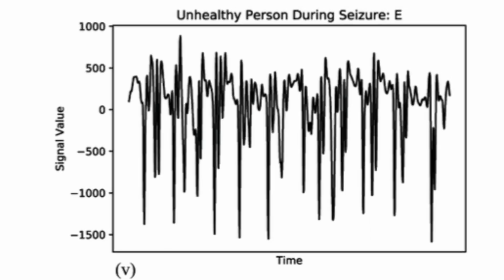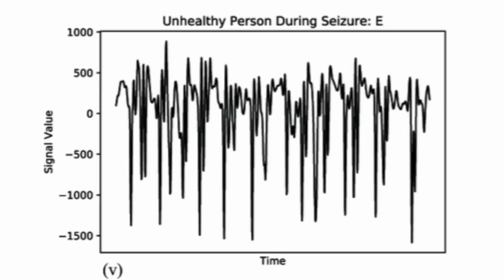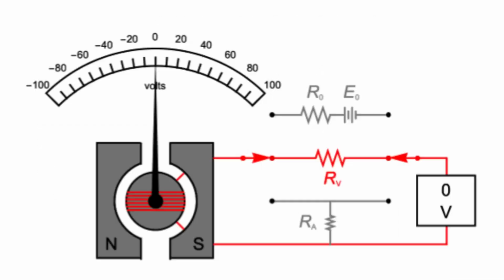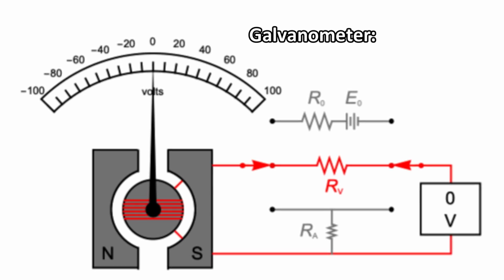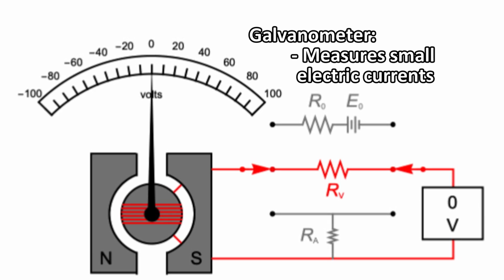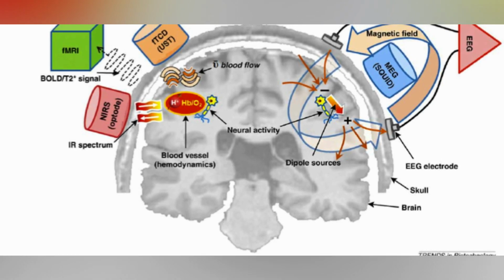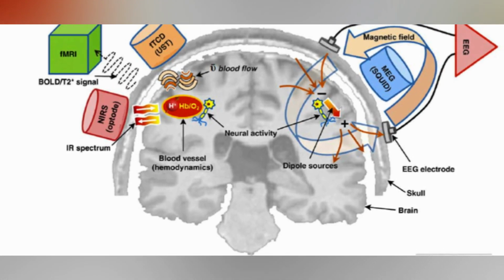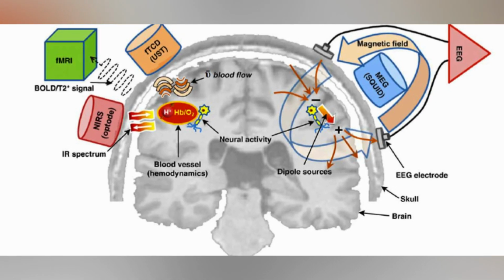Then, this information is graphed as voltage over time by using physio-mathematical methods like Fourier and wavelet transforms. In this case, the EEG machine is also considered to be a galvanometer, or an instrument that can detect and measure small electric currents. It does this by observing the deflection of a copper hoop or coil of wire and an attached needle that rotates in a magnetic field when the current flows through.